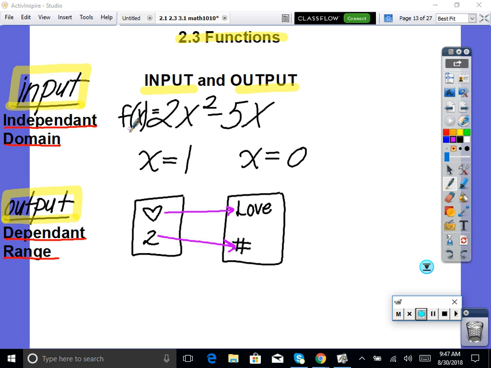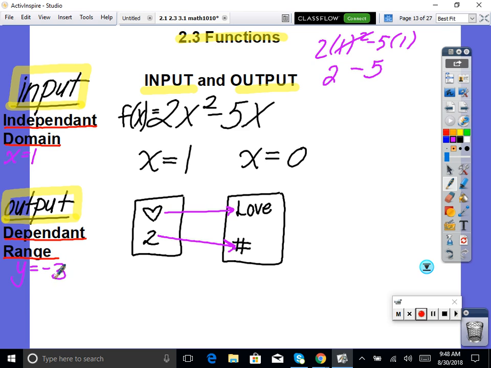So if it asks you what's my input, you would say x equals 1 is an input, and what do we get out? That would be our output. So 2 times 1 squared minus 5 times 1. So 1 squared is 1, 2 times 1 is 2, 2 minus 5, negative 3. So we get out y is equal to negative 3.